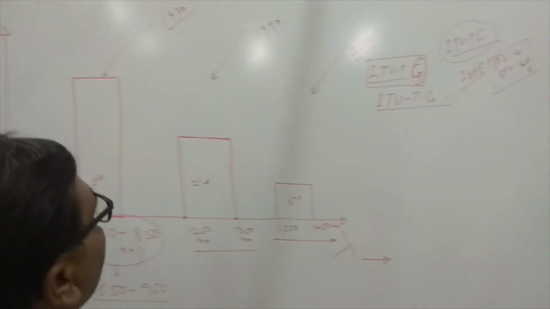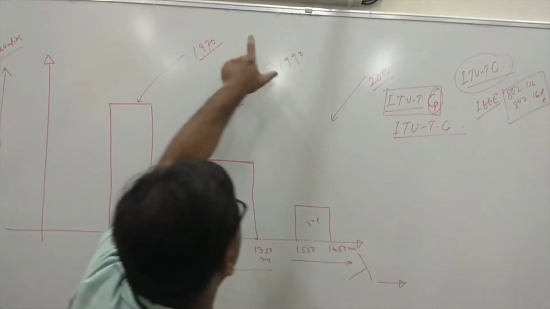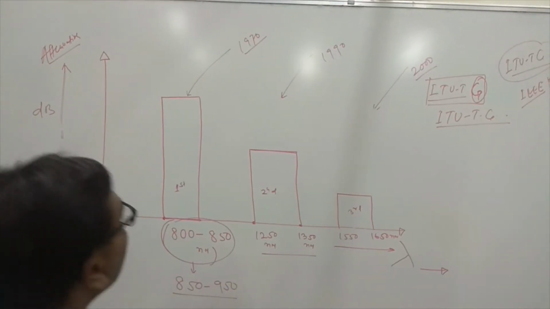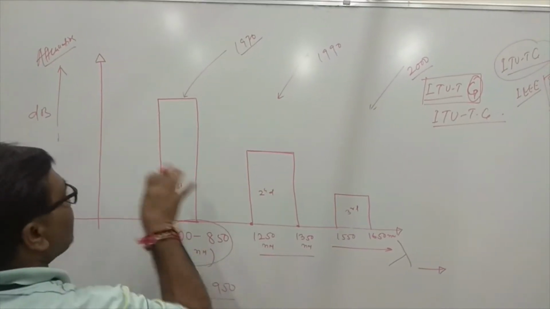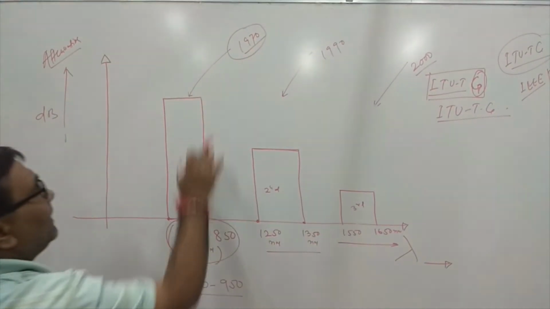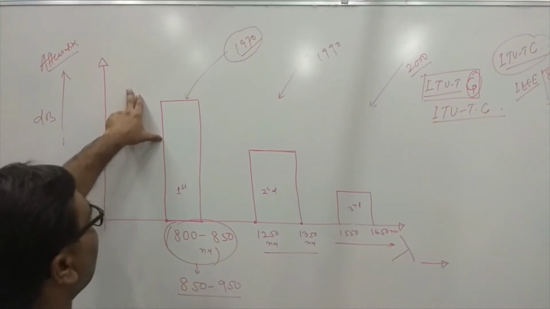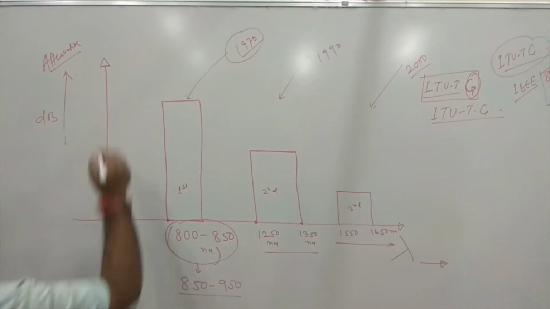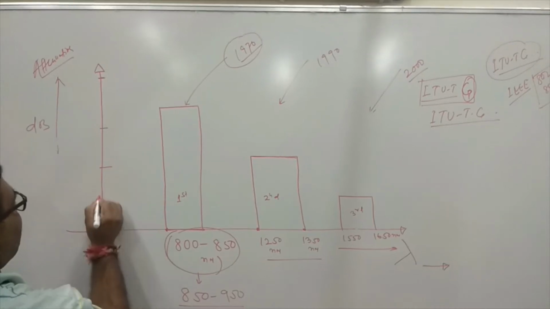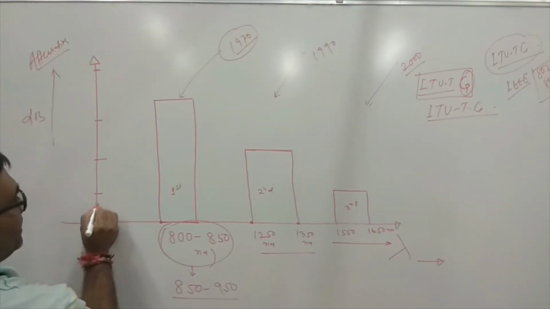So here this is 1970, this is 1990 and 2000. This window has been developed. Why has this window been developed? Because due to the intrinsic properties, initially scientists found the impurity is very high, so attenuation was very high, right? So attenuation is very high, right?